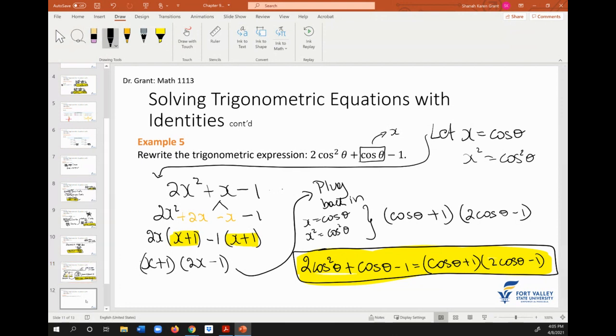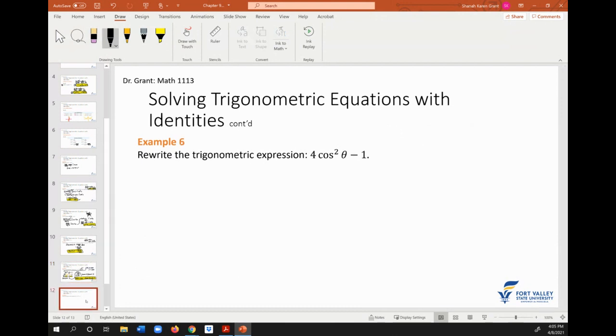Alrighty, so now let's look at another example that's very similar to this one. So we want to rewrite the trigonometric expression 4 cosine squared theta minus 1. So we can do the same thing. We can let cosine squared theta equal x squared, so then we'll have 4x squared minus 1.